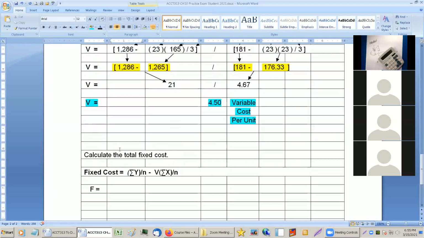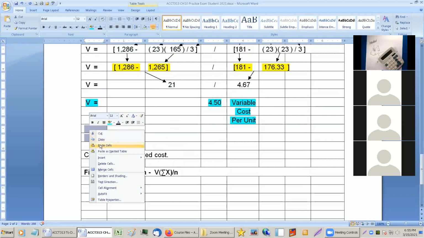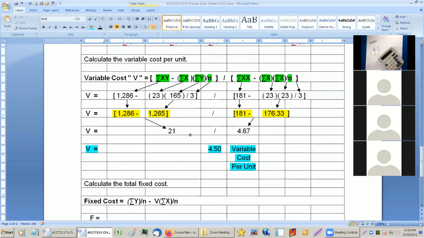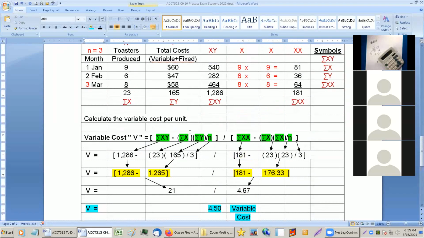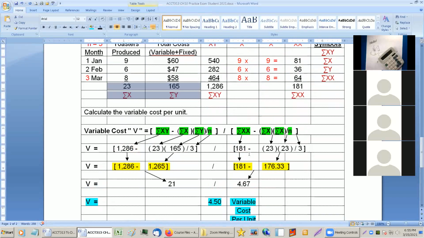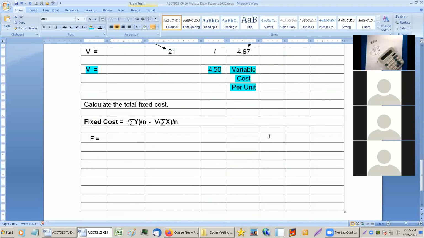Okay, so let me give it a couple rows here. We just only need those two, right? I'm just going to copy them down here.